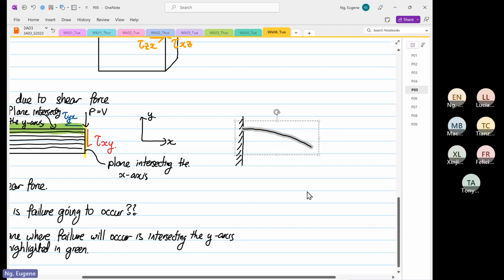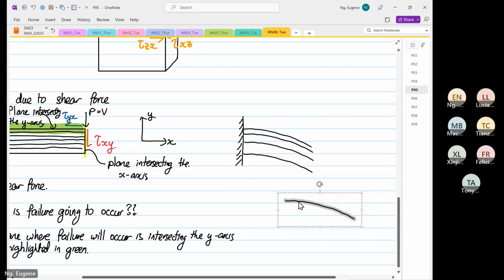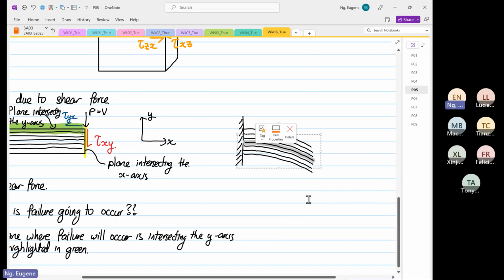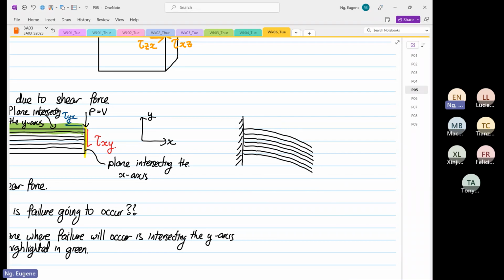So I'm going to cut and paste. Bear with me, okay. So this is the deformation pattern, as you can see. Okay. So as I said, these are all the layers. Okay. And this is what you will see.